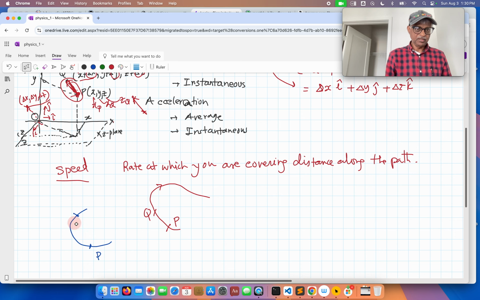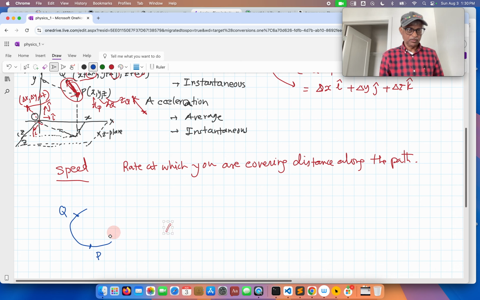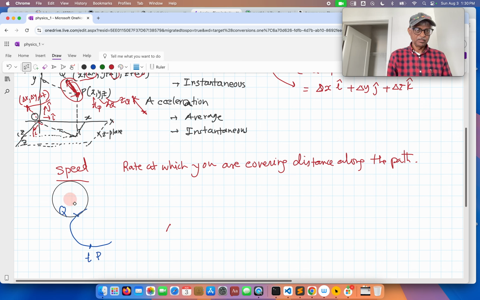So here is P, here is Q. So there will be an average speed between P and Q. If I have this at some time t, and this at time t plus some delta t, so you went like that, and I want to know what the average speed there is.